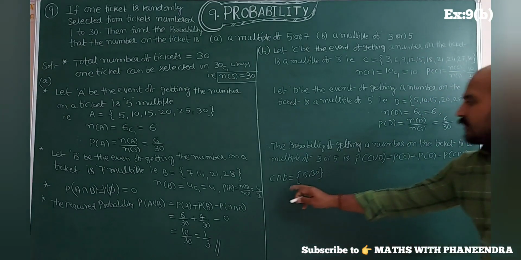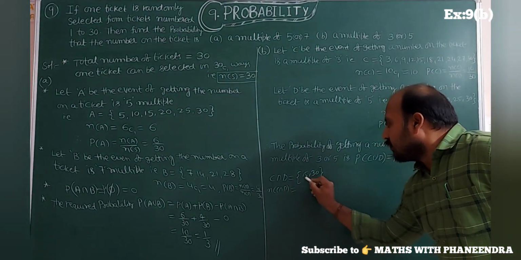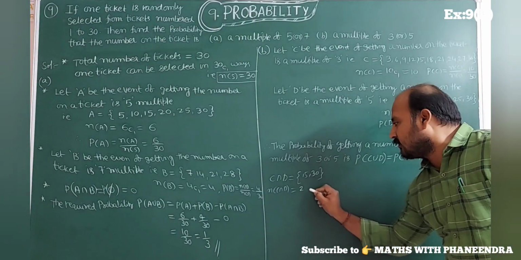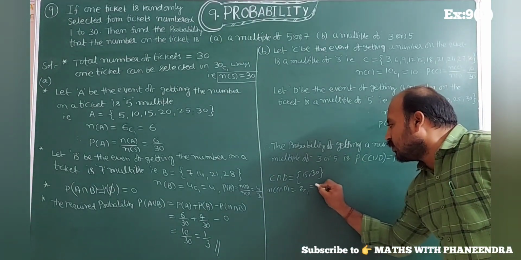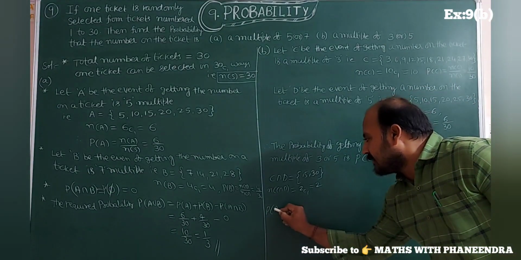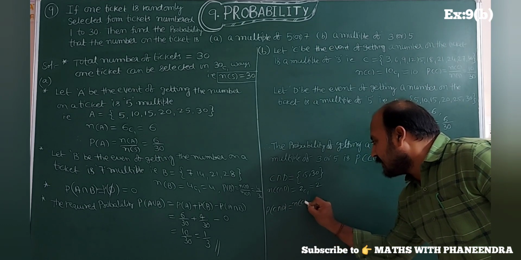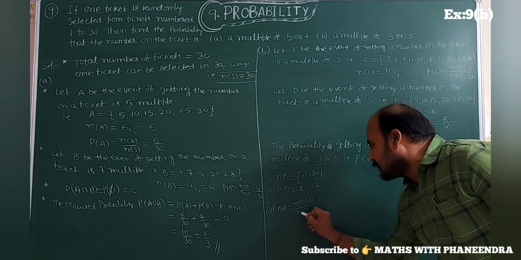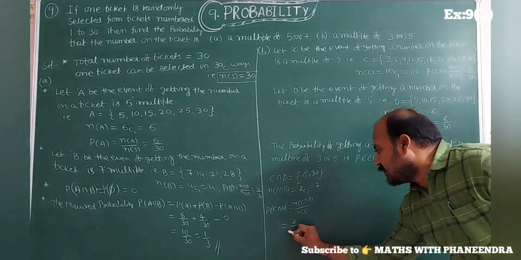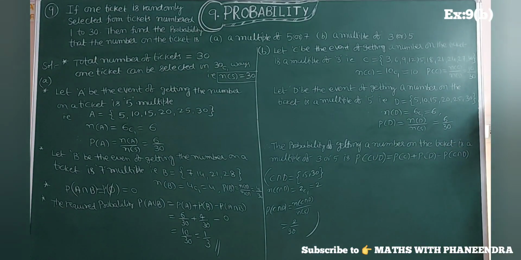So n of C intersection D will become 2. Out of 2 we can select 1, 2C1, so it is equal to 2. So P of C intersection D is equal to n of C intersection D divided by n of S, which is 2 divided by 30. You need to write this information compulsorily.